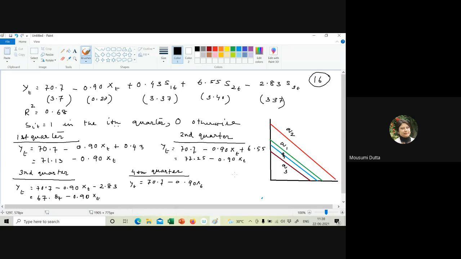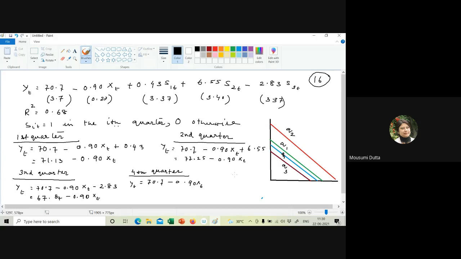However, if we incorporate an interactive dummy, say S1T times XT, in that case, I hope you will be able to interpret in the same way. So look at the theory, look at the kind of interpretation we are doing, and incorporate one interactive dummy as well. And if one interactive dummy is incorporated, how we will consider the changes, I hope you will be able to discuss.